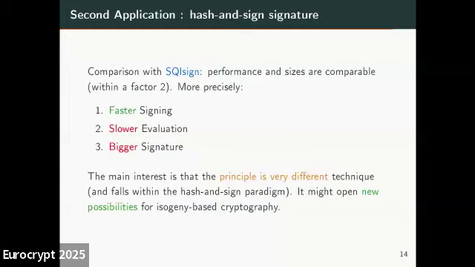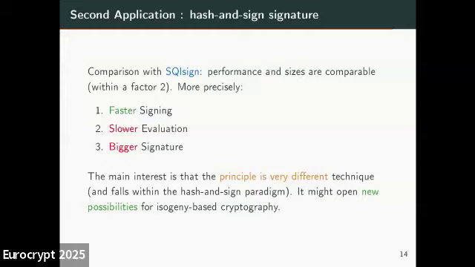So it's not exactly the same one, but it's a prime with roughly the same shape, with a big power of 2 dividing p-1. So probably we can use most of the same optimizations. So this would have faster signing than SkiSign, I think, and slightly slower evaluation.